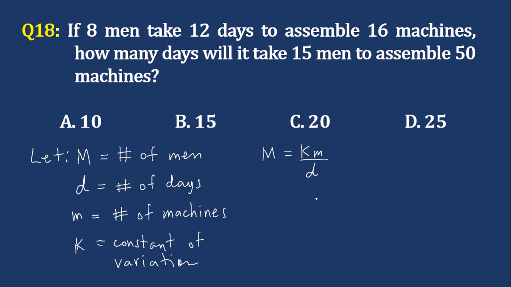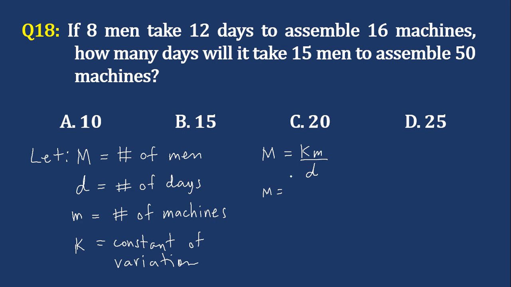Okay, now take note there are two parts in the question. The first half of the question gives you a complete set of information for capital M, small m, and small d. So we can use these values in the first half of the equation to solve for the value of k. So here, let us list down first the values to avoid confusion.